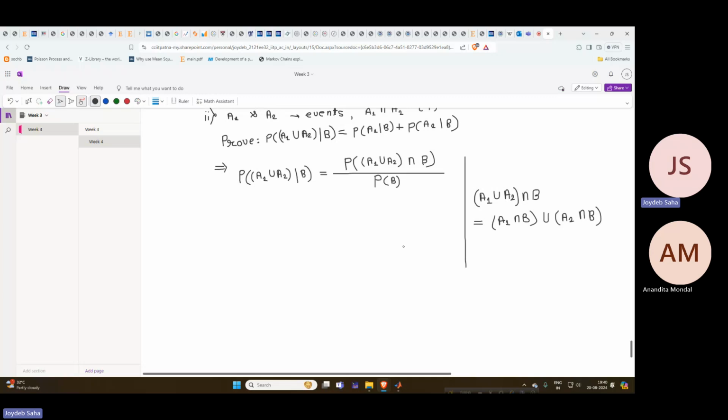So this is also phi. If we are intersecting B with a null set, then what will we get? Another null set. Is it understandable? Look at this once. If there is any confusion, must ask.